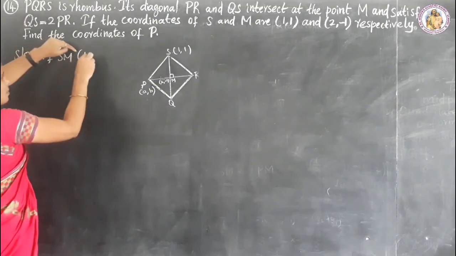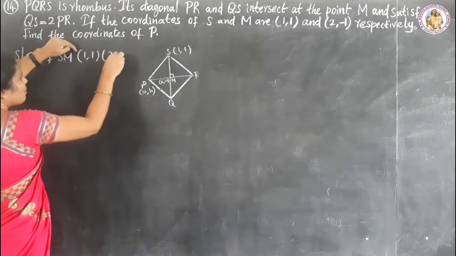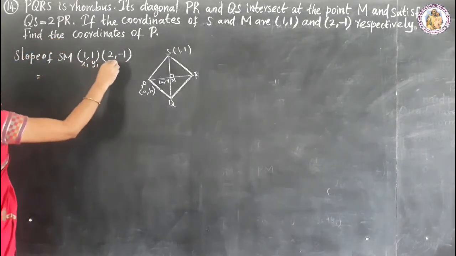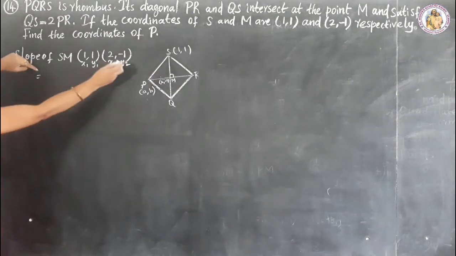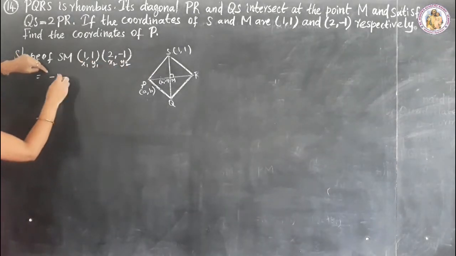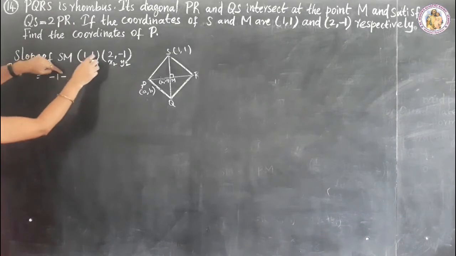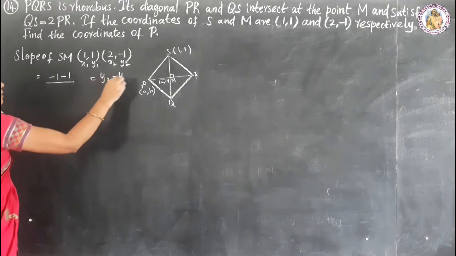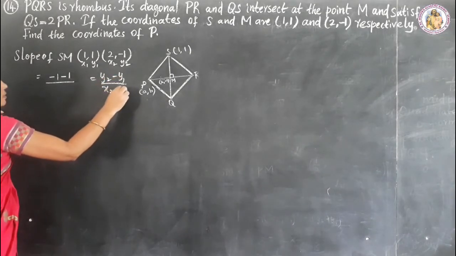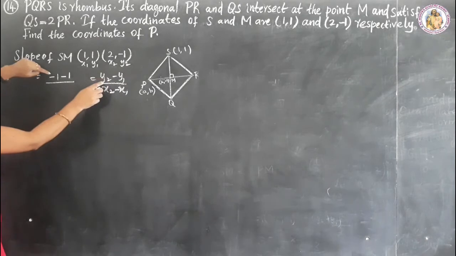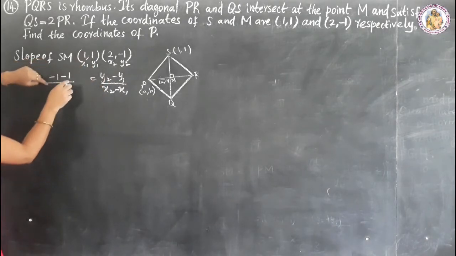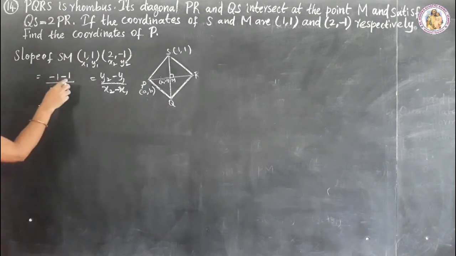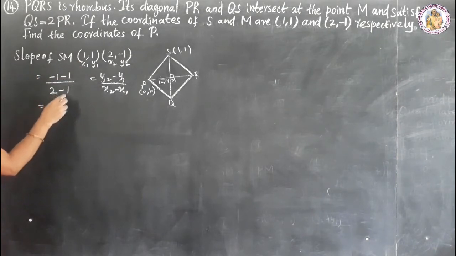Taking the points (1, 1) and (2, -1) as x1, y1, x2, y2, slope is y2 minus y1 divided by x2 minus x1, which is minus 1 minus 1, that is minus 2, divided by 2 minus 1, which is 1.